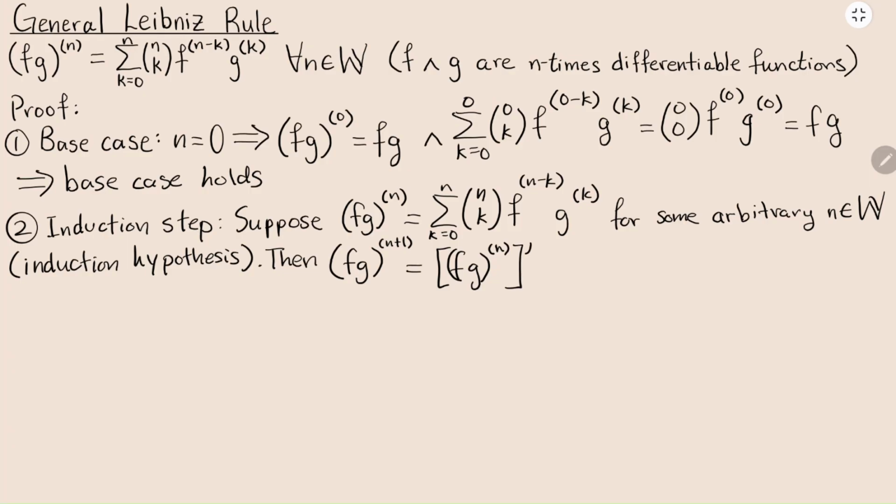Okay, and this is going to equal the derivative of, now notice that we're going to utilize the induction hypothesis right over here. So I'm going to say that the nth derivative of fg is going to equal this. Copy and paste.